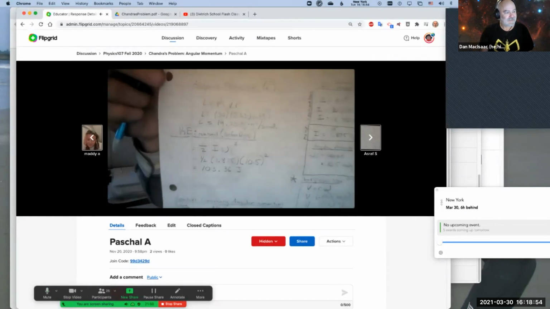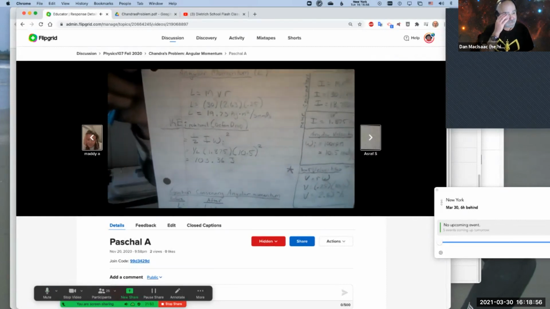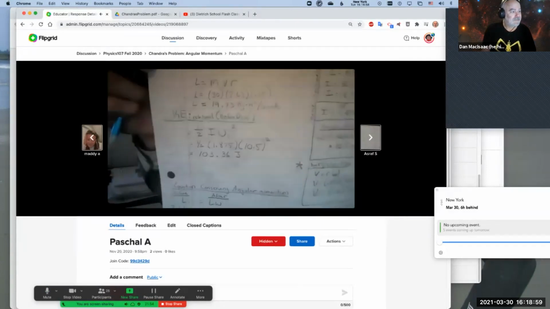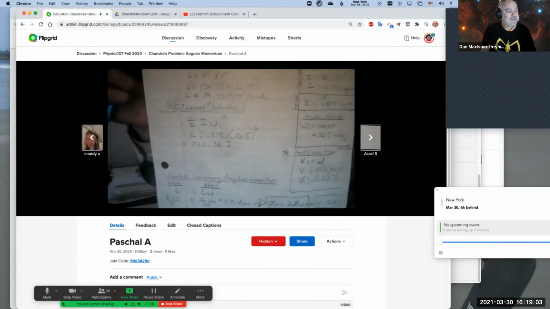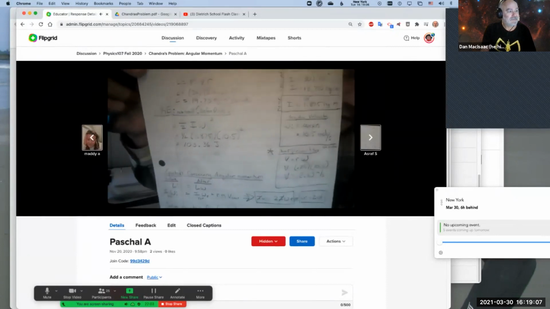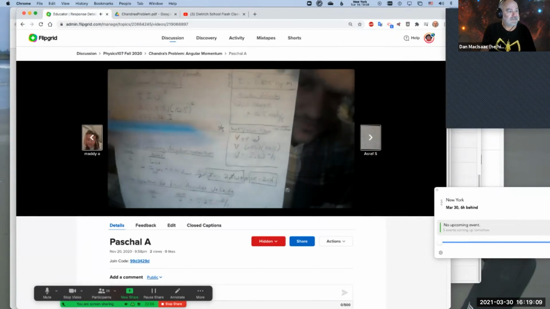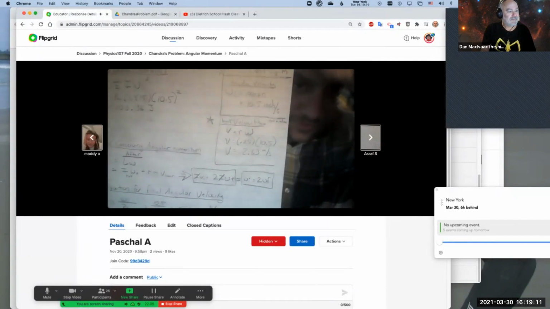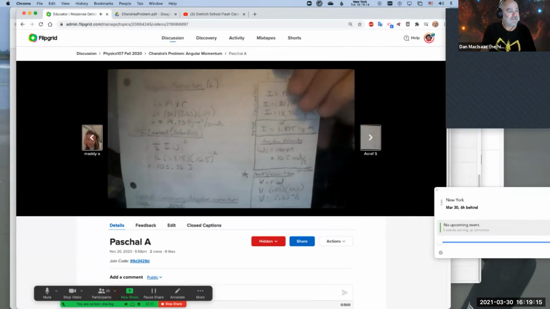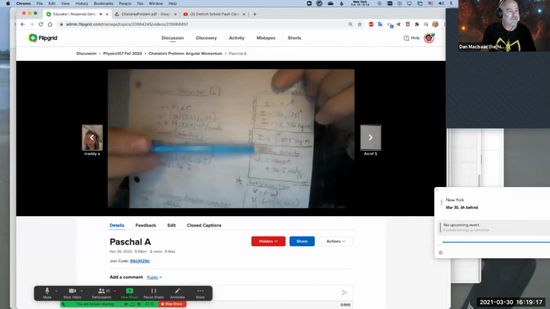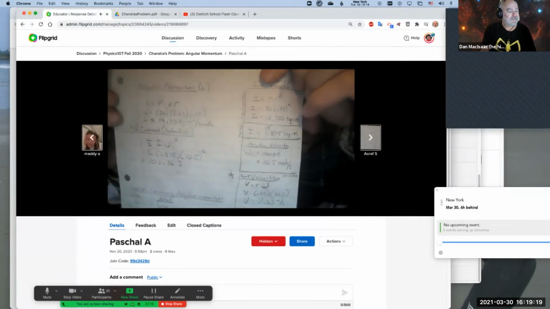Your equation for your initial rotational kinetic energy there, 1/2 I omega initial squared, given your quotient. And your linear velocity equals rotational velocity times radius, which you can see here. V equals R omega. Here's some conversions for moment of inertia and angular velocity.